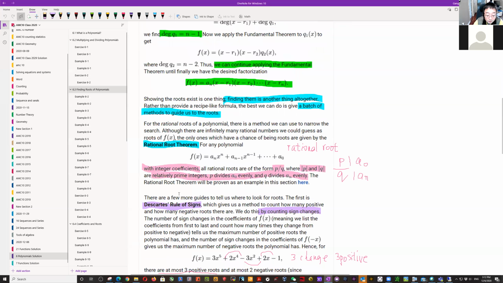And then we also have an important result called the rational root theorem.